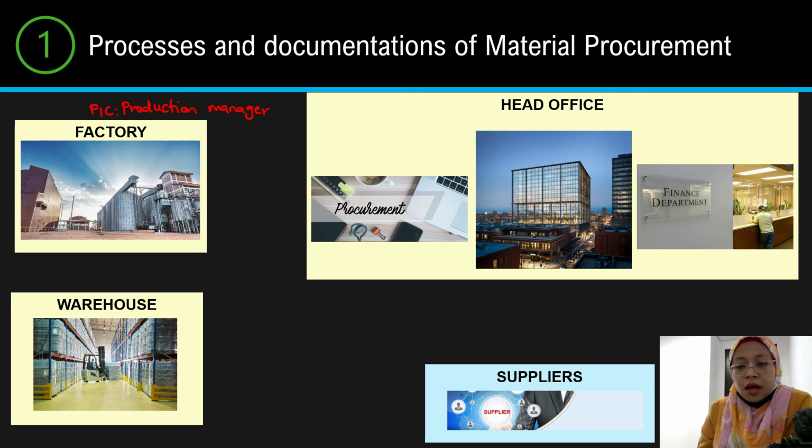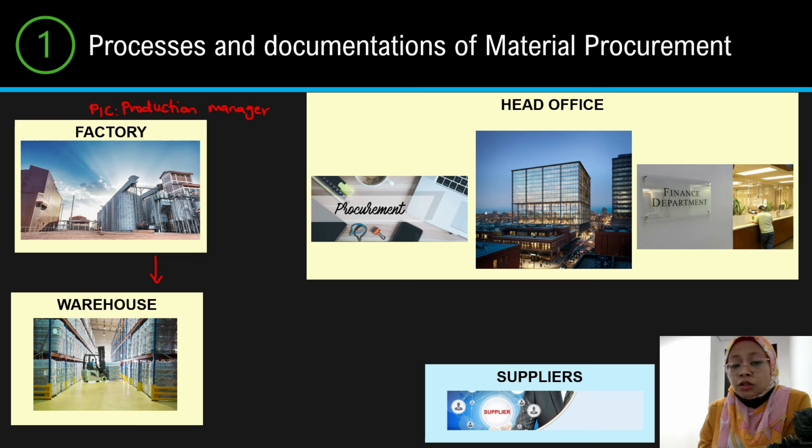Let's say, up to a certain point, the production manager realized that one of the components of the materials is almost finished. So the production manager goes to take a look at the warehouse, asking the warehouse to transfer them the component.